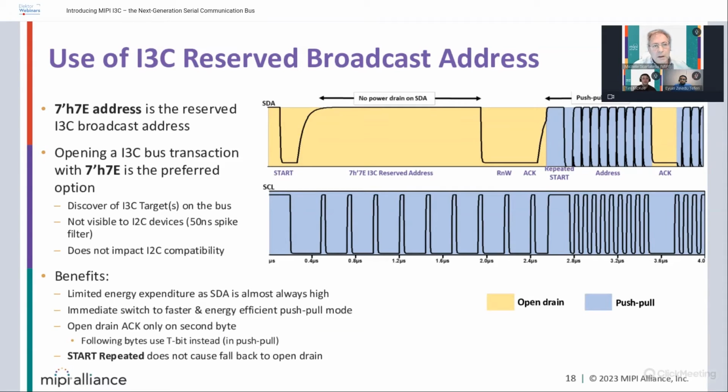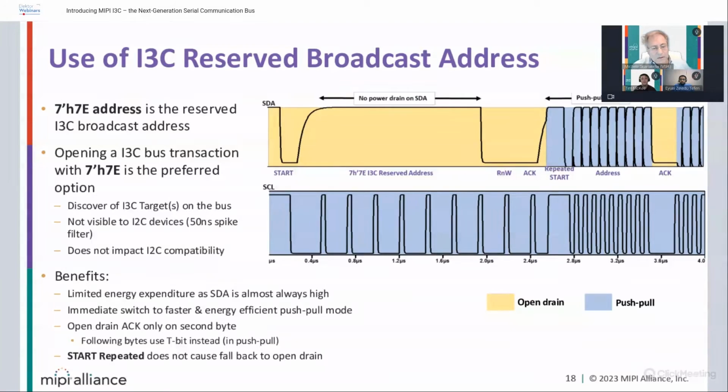These are considered spikes. So in this case, the clock pulse is 40 nanoseconds for 0 or less. And so this becomes invisible to I2C. So basically, in the first section, the I2C device just doesn't see the transaction. And then when it goes to faster mode, it just will not see it, basically. So that gives the compatibility at the electrical level.